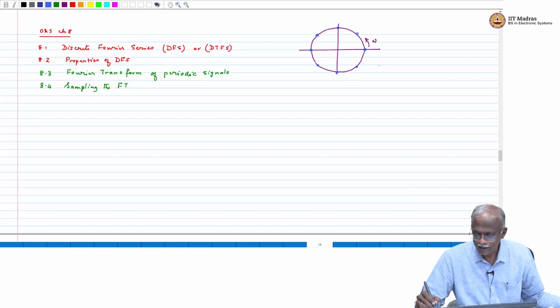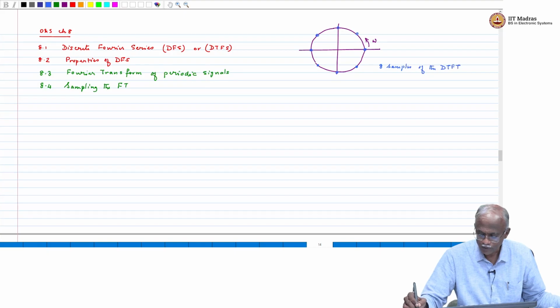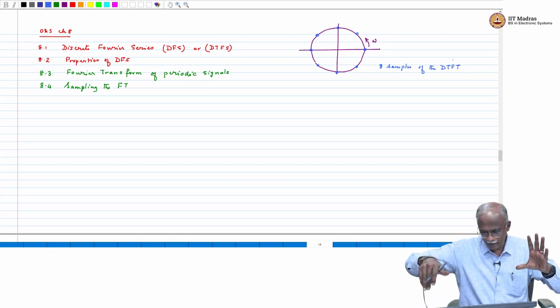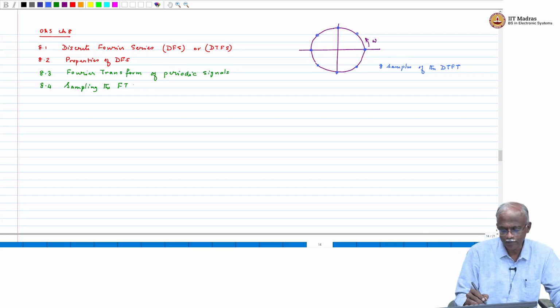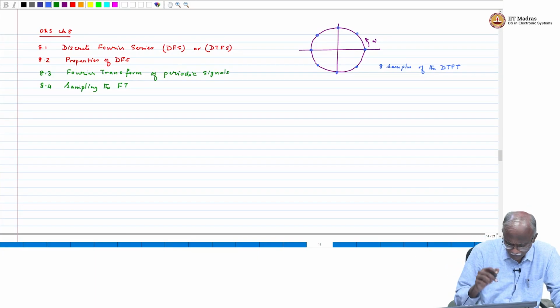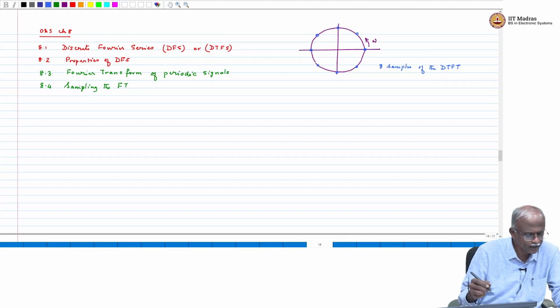So, in this particular case, you have 8 samples of the discrete time Fourier transform. So basically we are saying, I can sample it at or compute the discrete time Fourier transform at periodic intervals. That is what is called sampling the Fourier transform.